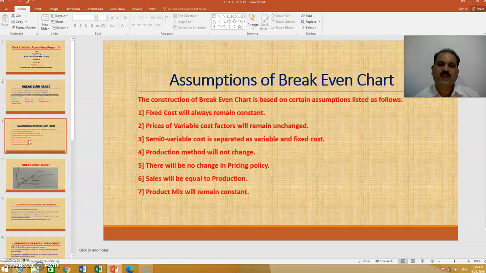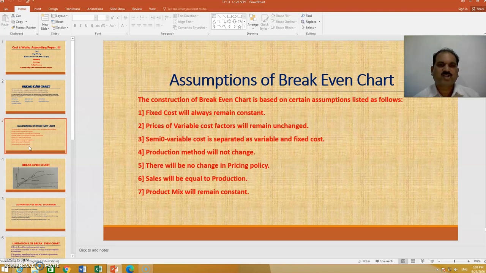For preparation of a break-even chart, the following assumptions need to be considered. First, fixed assets will always remain constant. Second, prices of variable cost factors will always remain unchanged. Third, semi-variable cost is separated into variable and fixed cost.